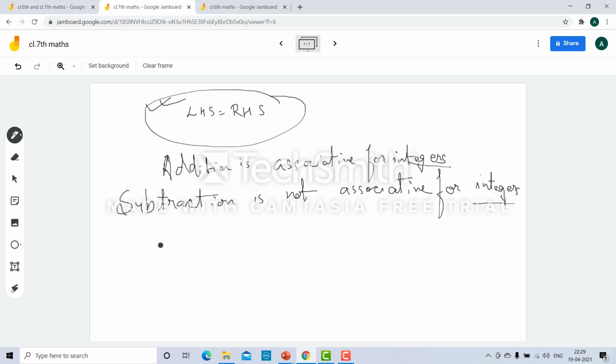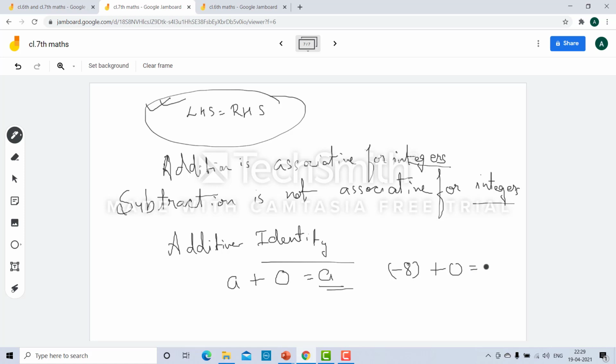Next, children, we have the property that is called the additive identity. What is this additive identity, children? We will see. Additive identity means when any integer is added to 0, we get the integer itself, whether it is a negative integer or a positive integer.